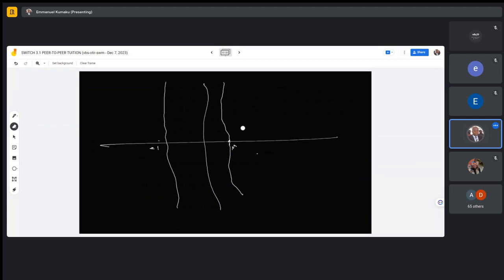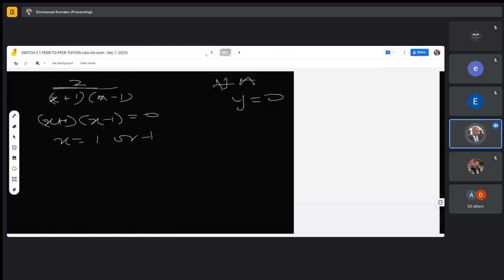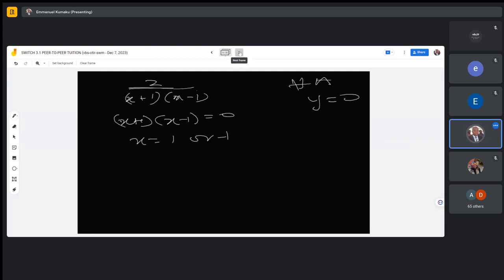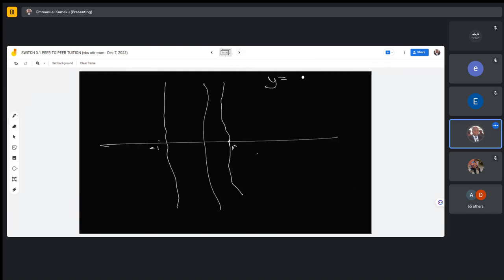So let's plug in some values and see whether we can test. The original equation is 2. This is a random question I pick. So y is equal to 2 over s minus 1, s plus 1.